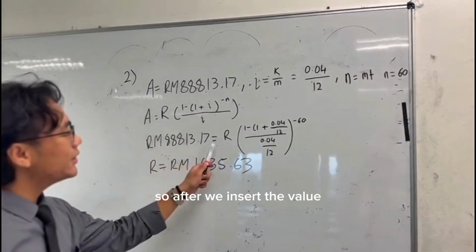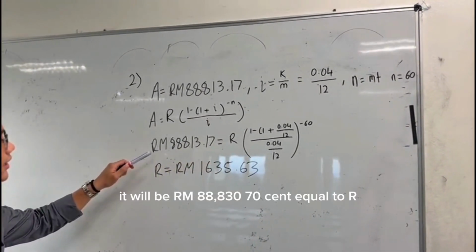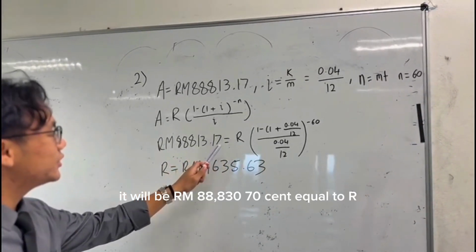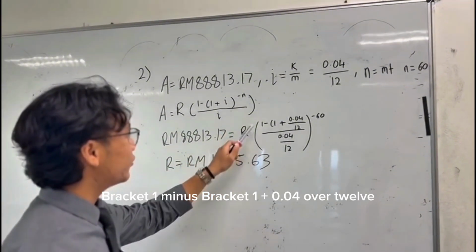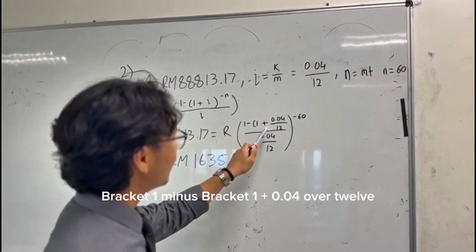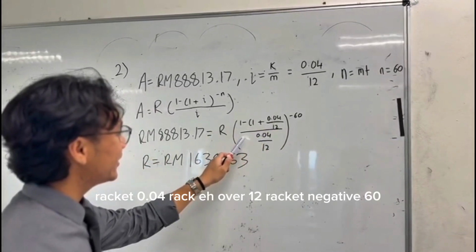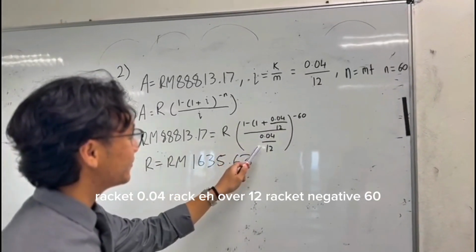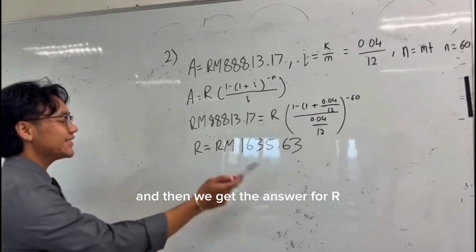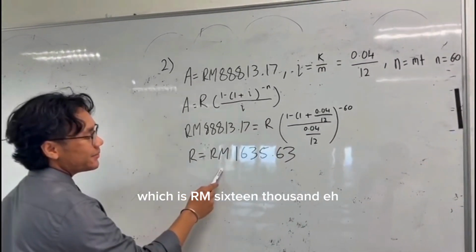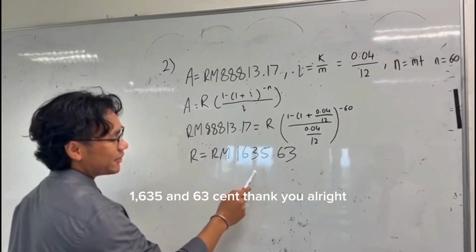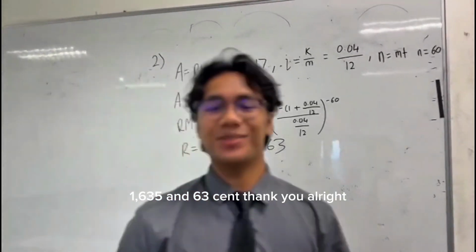After we insert the values, it will be RM88,830.70 equals R[1 - (1 + 0.04/12)^(-60)]/(0.04/12). And then we get the answer for R, which is RM1,635.63. Thank you.